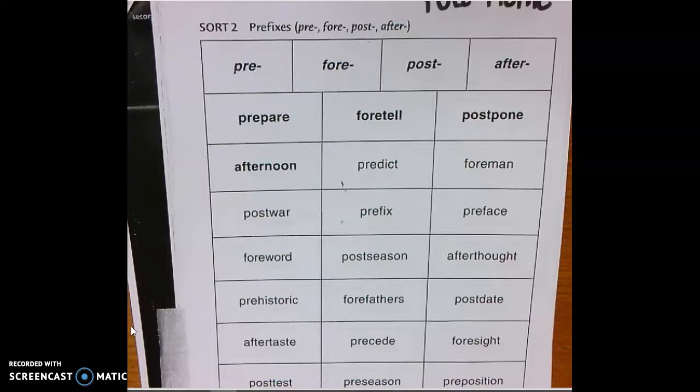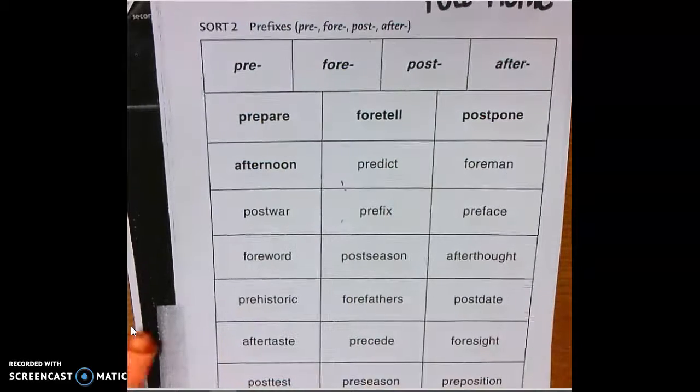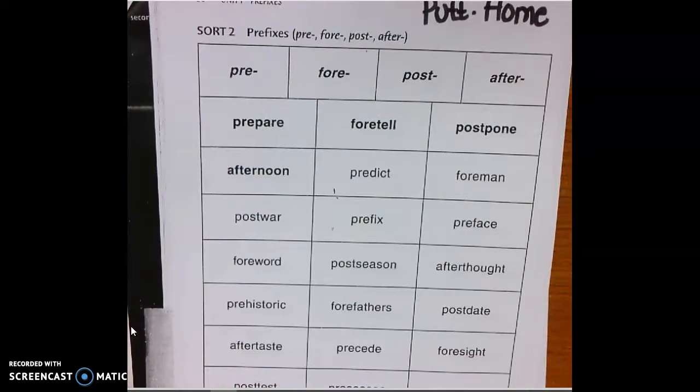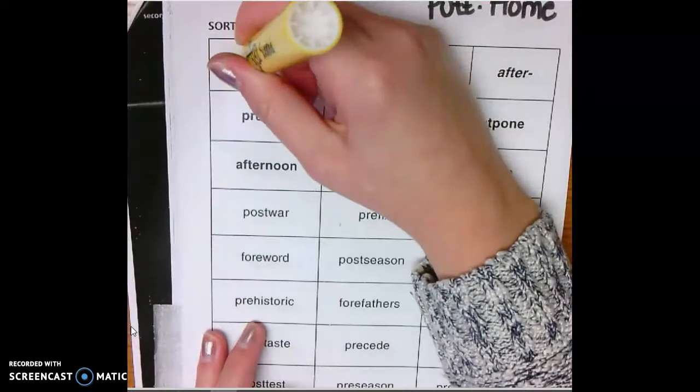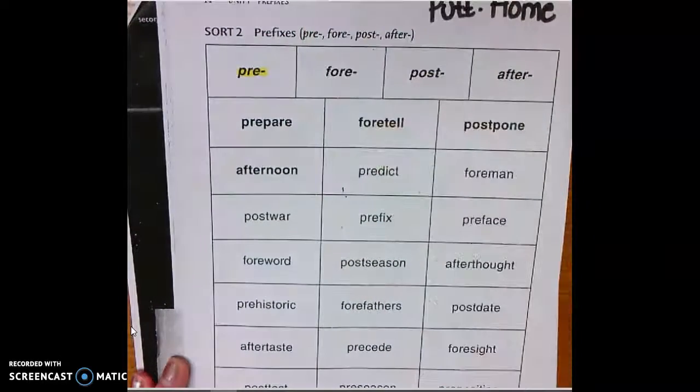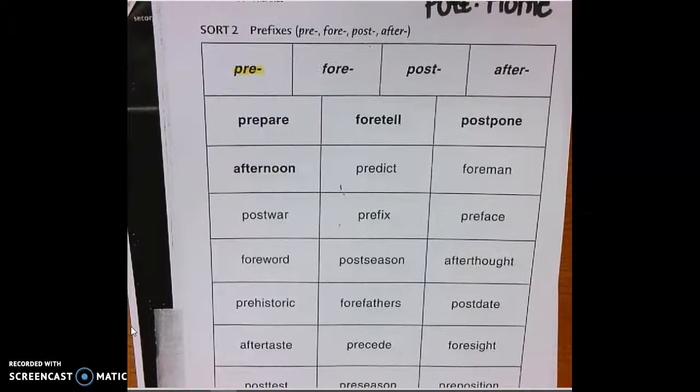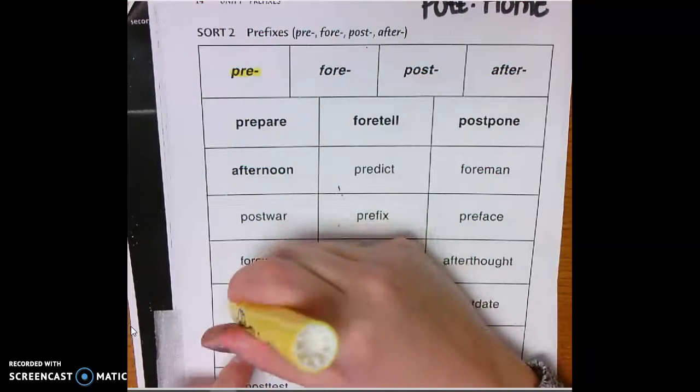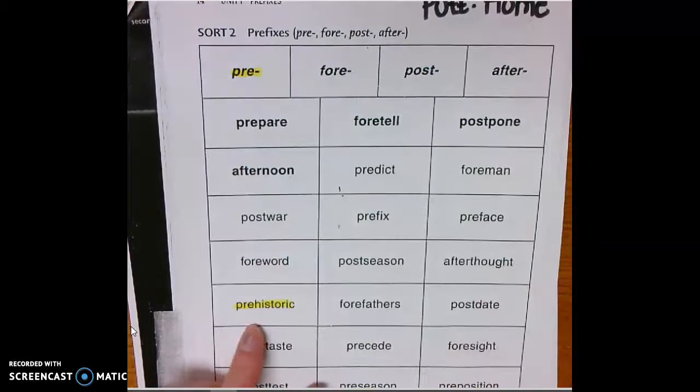So the first prefix we're going to work with is pre, which means before. So I'm going to use yellow for pre. If we look at one of these words that has pre, let's look at prehistoric. Historic means at a time when history happened.